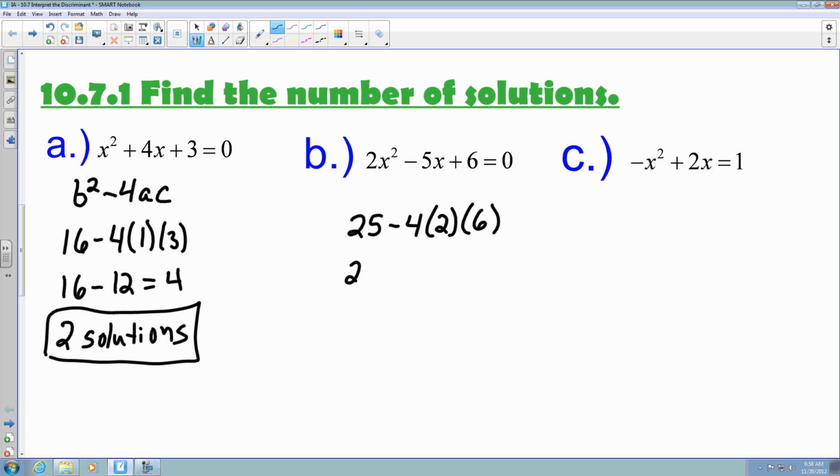So I have 25 minus, 6 times 2 is 12, 12 times 4 is 48. 25 minus 48 gives me a negative 23. So with a negative 23, this means that this is less than 0. So if it's less than 0, that means I'm going to have 0 solutions, or no solutions.